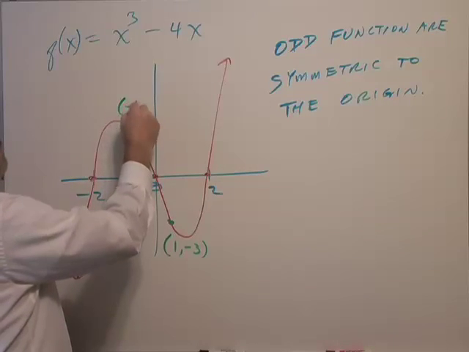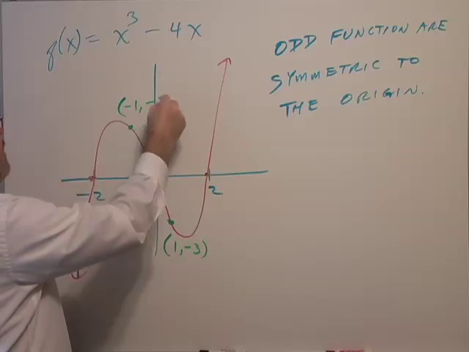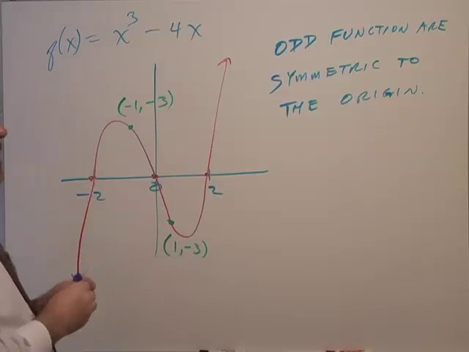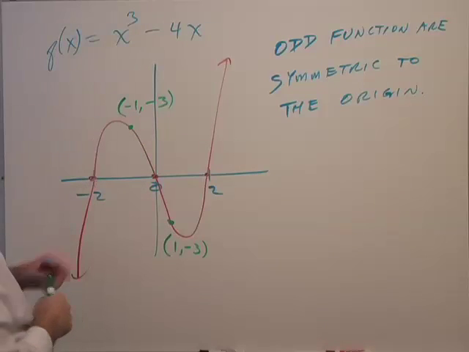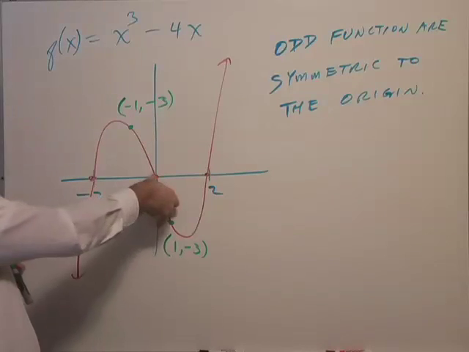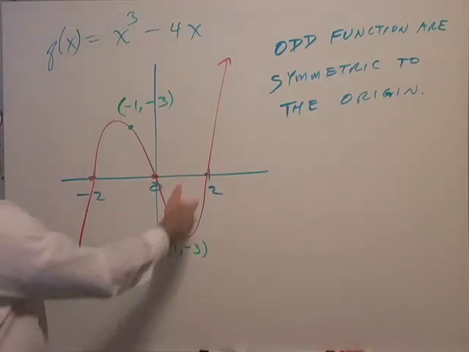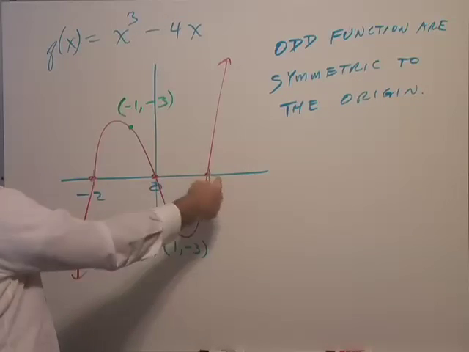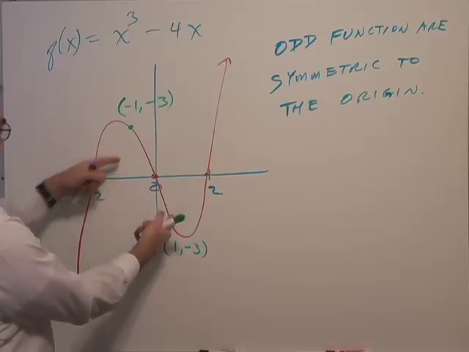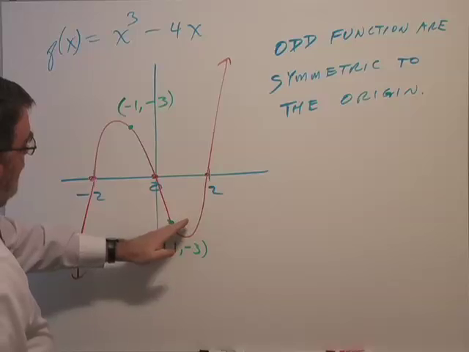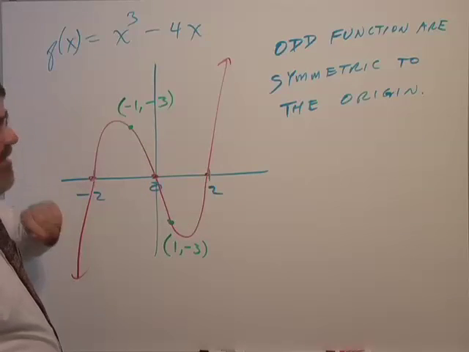But anyway, if we drew this completely accurately, you would find that this point corresponds to that point by this rotational symmetry. Here, this point would rotate 180 degrees from 2 to minus 2. But in this case, this negative becomes a positive.